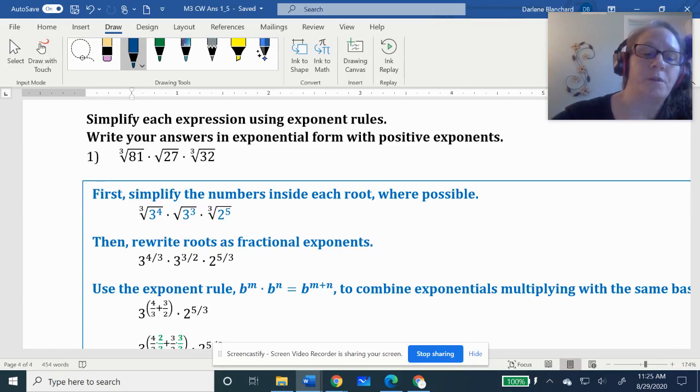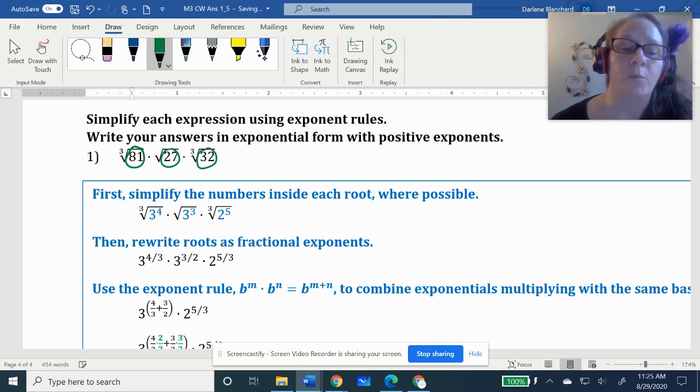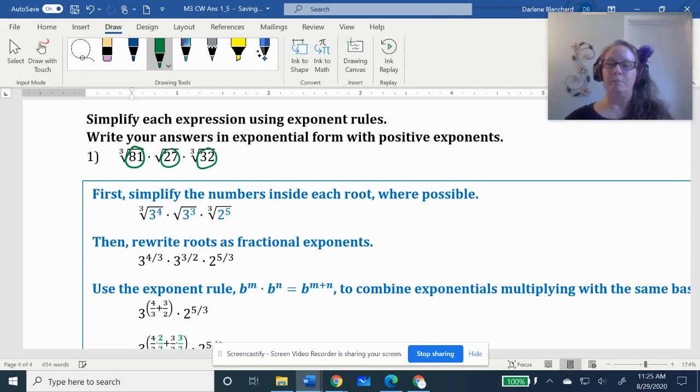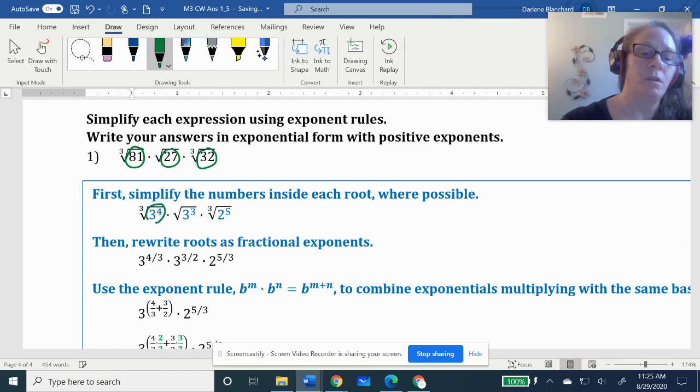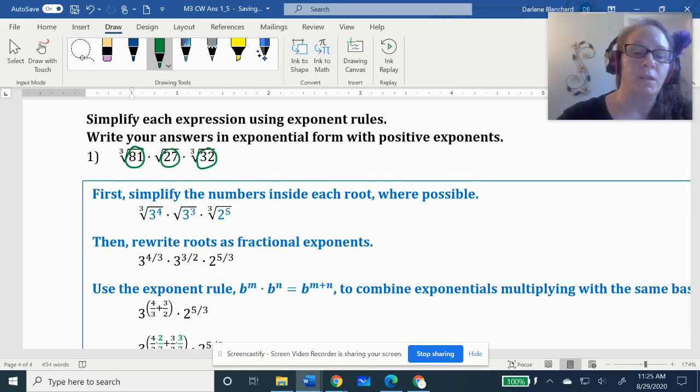What I'm doing with this example is I am first taking the number that is inside the root, and I am writing it as the smallest base that I can use to a power. 81 is a repetitive multiplication of 3, 27 is a repetitive multiplication of 3, and 32 is a repetitive multiplication of 2. You can now rewrite it in the fractional exponent form.